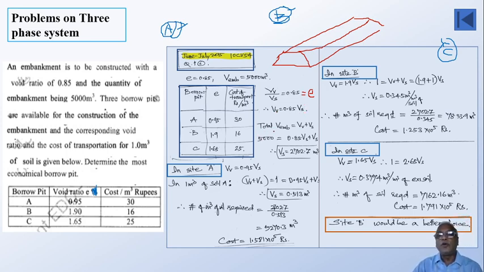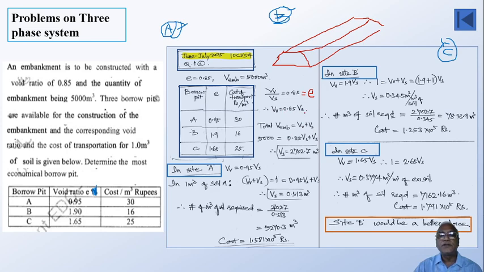Now the total volume, that is the volume of embankment, consists of voids as well as solids. The total volume is 5000 meter cube, because voids are nothing but air voids or water voids which can be filled or unfilled. But the total volume should be 5000 meter cube. Of that, it should have voids also, solids also.